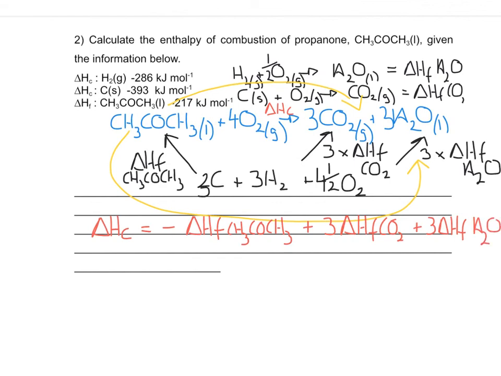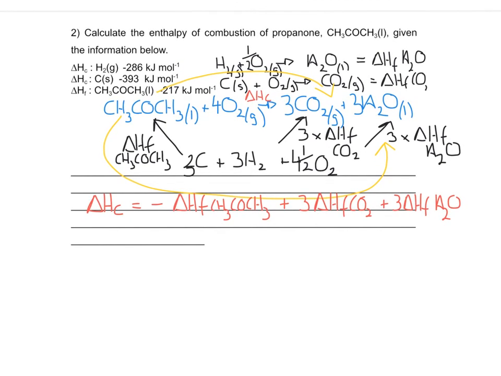Now we've got to use the numbers that we're given and we've got to solve it for this delta HC. So it is negative minus 217, plus 3 times minus 393, plus 3 times minus 286.